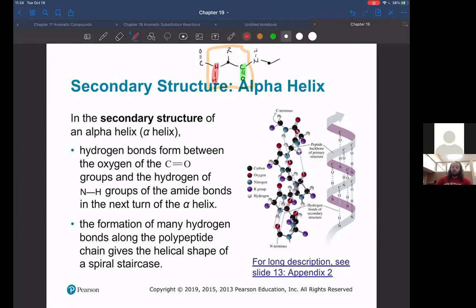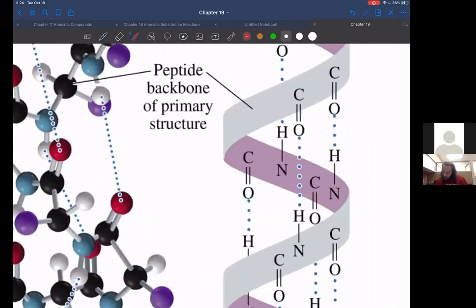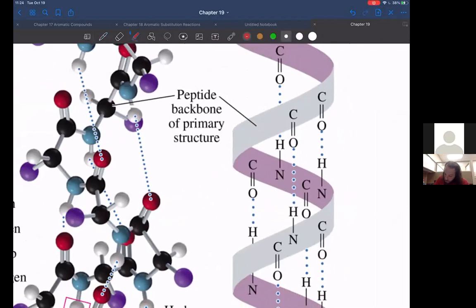And so what happens is these amino acids in our polypeptide chain will sort of curl up and form a helix, and they'll do so in such a way that the carbonyl carbon of one of our amino acids is forming a hydrogen bond with the nitrogen-hydrogen of the amino acid on the next rung down of our helix, right? So then the neighboring carbonyl carbon has that same hydrogen bond with that nitrogen-hydrogen, et cetera, all the way down.